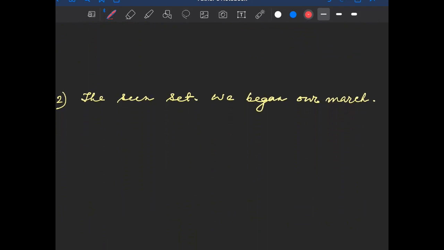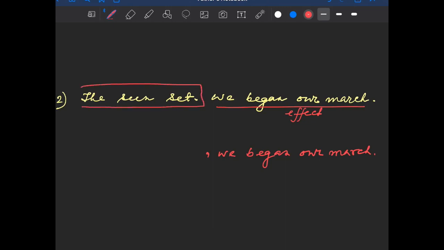The sun set, we began our march. This is effect. So we will keep this sentence. Okay, so we began our march. This is a sentence, a complete sentence, a simple sentence, but we will add this sentence, this part to that sentence, but not possible.